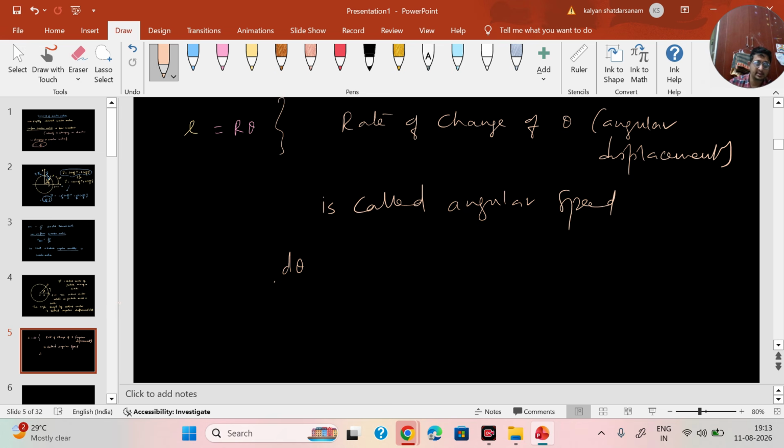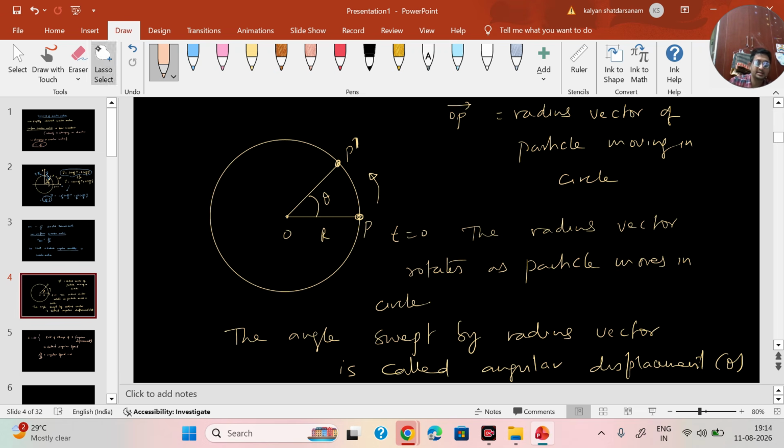So I can say d theta by dt. This is called angular speed, and we give a new symbol for it. It is denoted by omega. This is the symbol we use for angular speed. It means how fast this particle is covering this angle. That is what information is being given by omega.